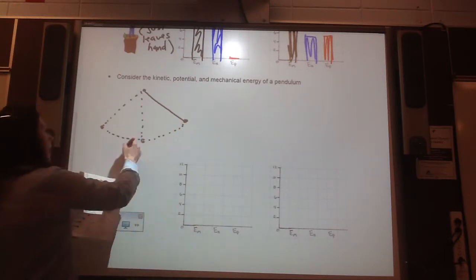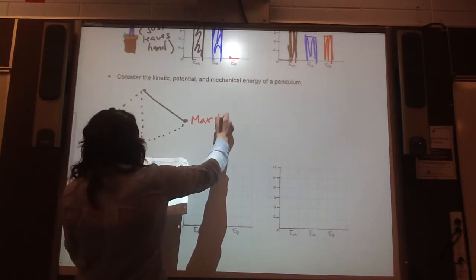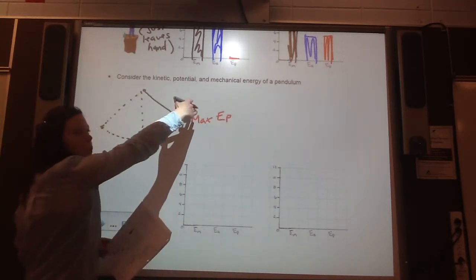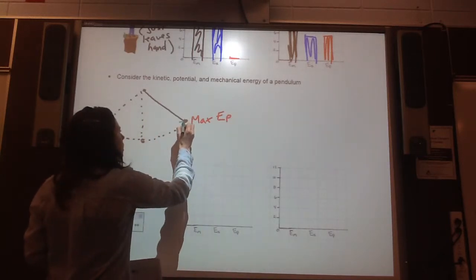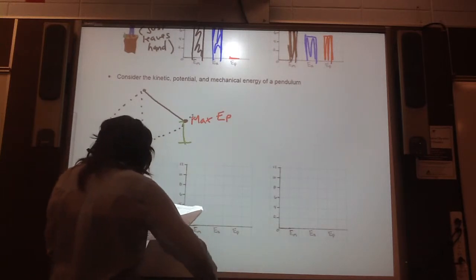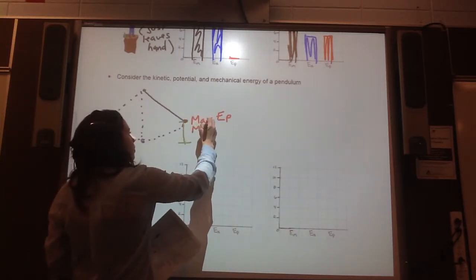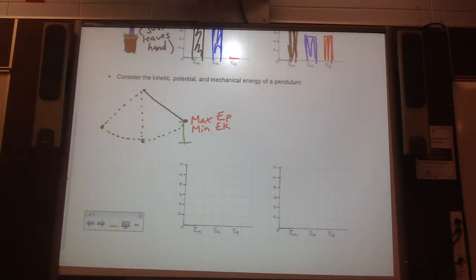So when it's swinging up and down, at this point, this will be max EP, because that's when it's the highest from the reference point. So max EP, and at that point it will be min EK, because it's going to stop there and come back down. So it's going to be slowest when it's at its highest.